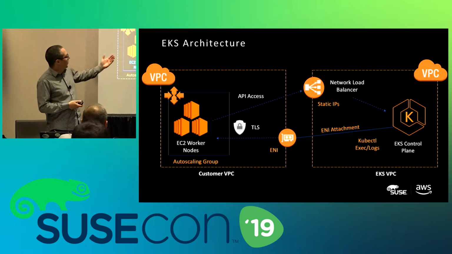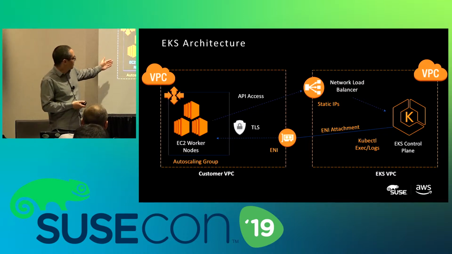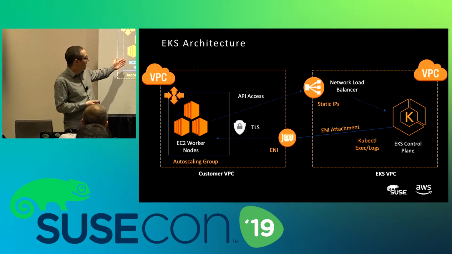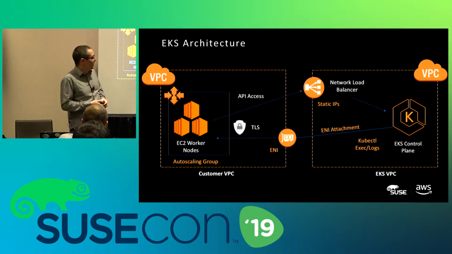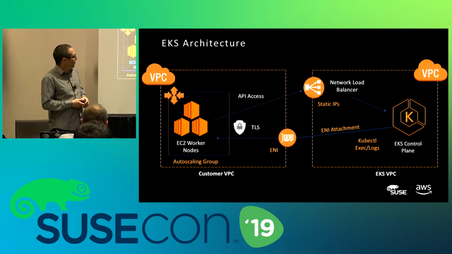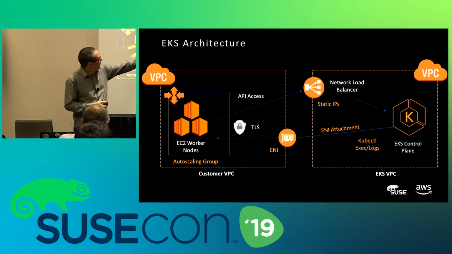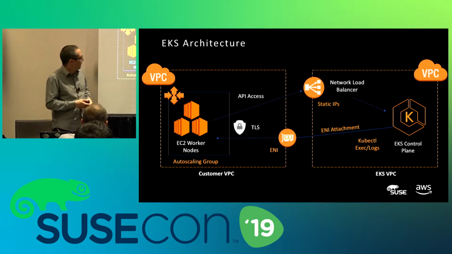Outbound communication happens either via a public interface, so these worker nodes could be sitting publicly, and that communication could happen over the internet, or you can do it via a private link, which would keep that all within your VPC, and basically a virtual router's tacked onto the end of your customer VPC on this side.